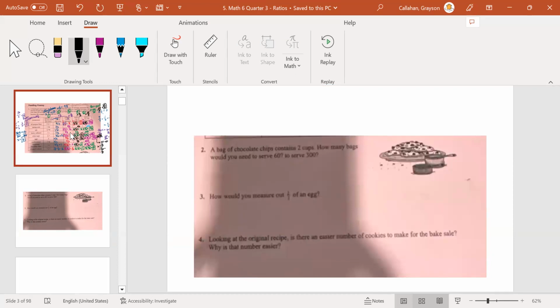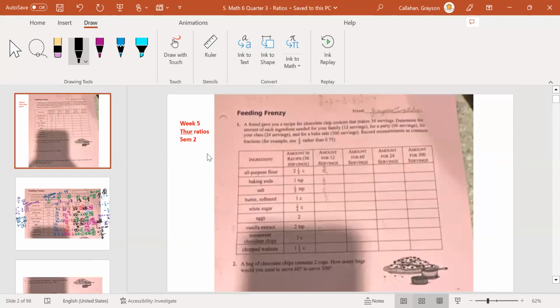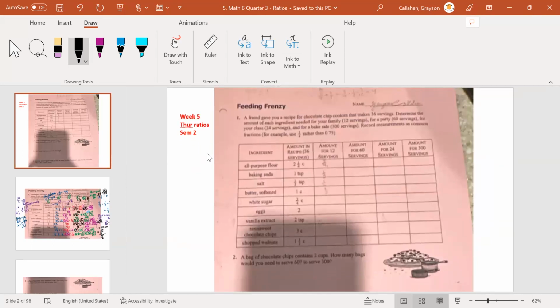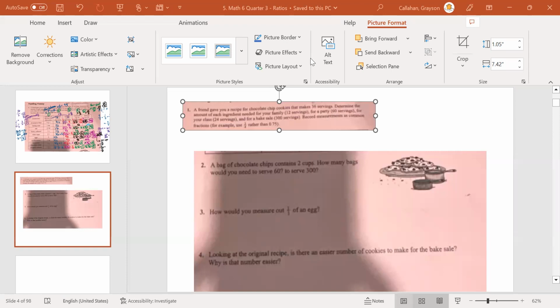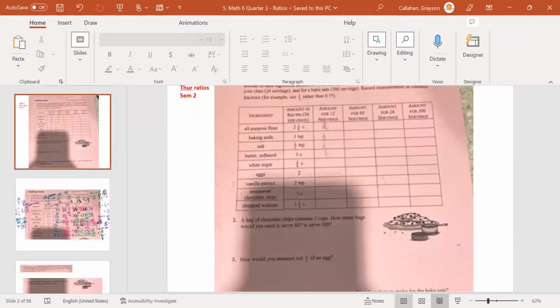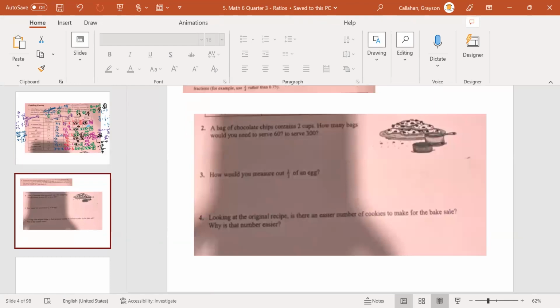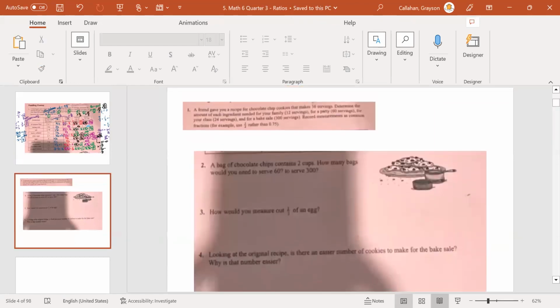I might need to go back to that question. Let me see. So how many bags would you need to serve 60? Well, that one depends.